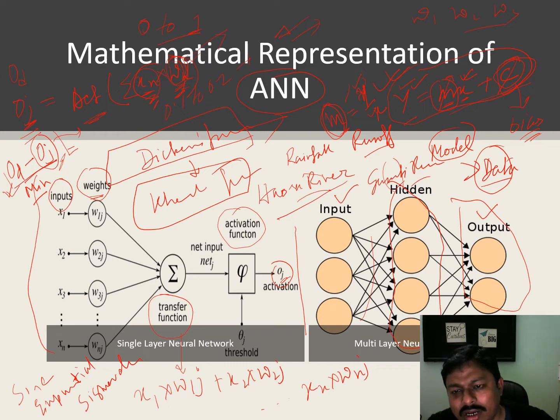If there is only one hidden layer, it will be doubled. If there are two hidden layers, it will be tripled, and so on. And as you can see, the more you can update the weights, the better the predictive result will be. Why? Because there will be better scope for minimizing this difference.